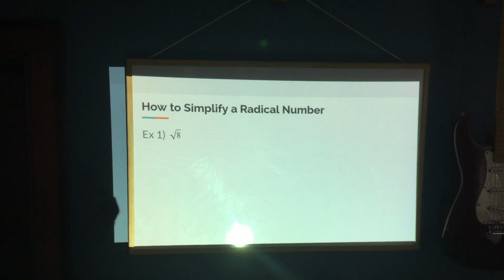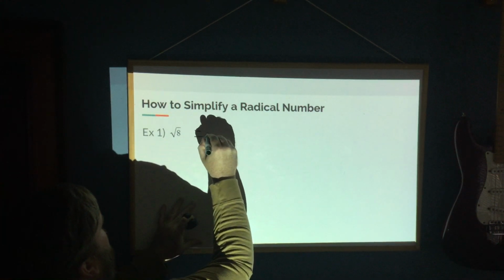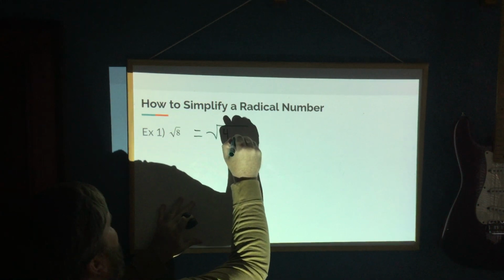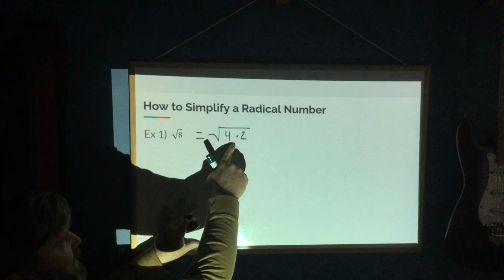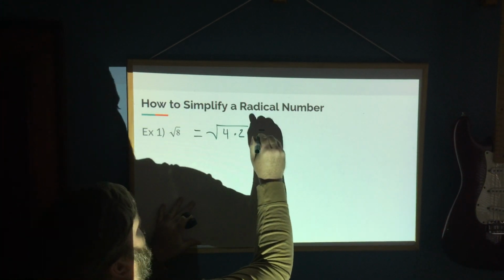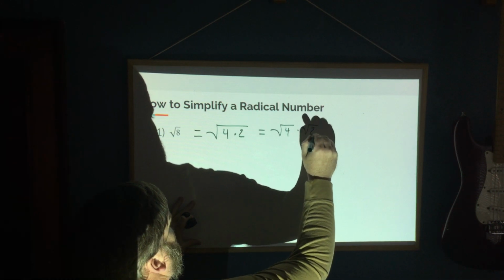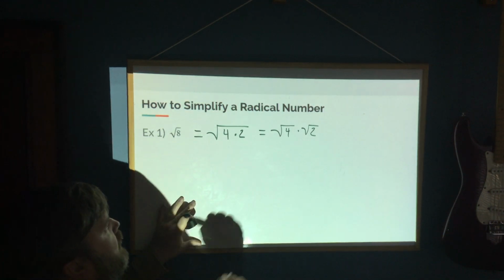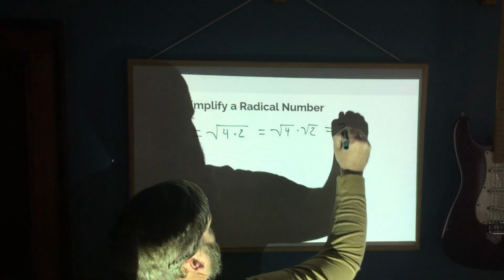So I'm going to break this down to the square root of 4 times 2, kind of like AB, and then that would be equal to the square root of 4 times the square root of 2, and then what is the square root of 4? It's 2.